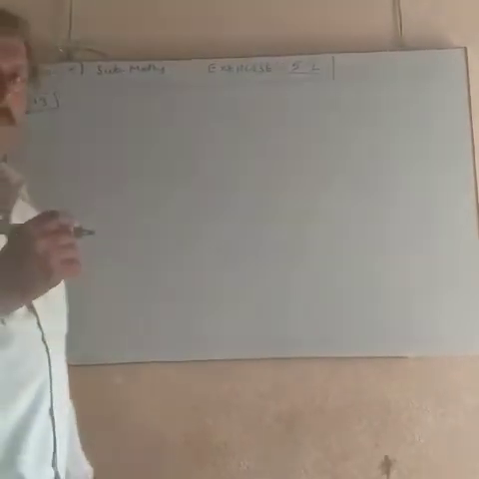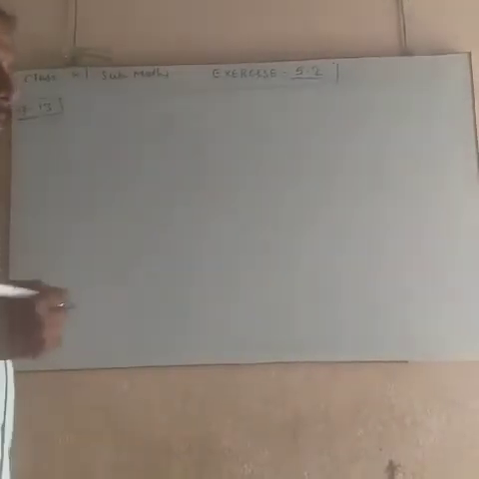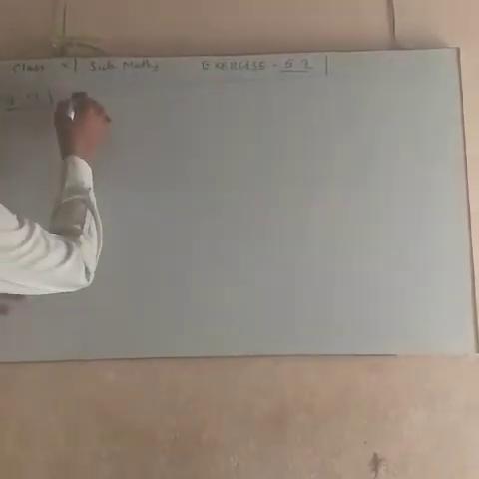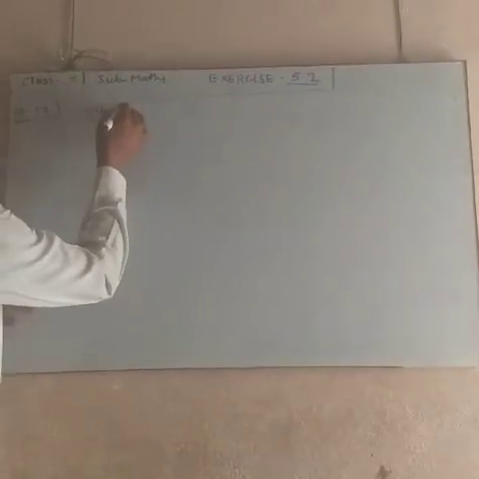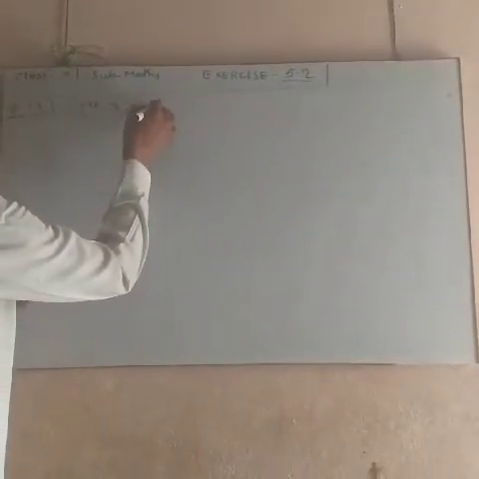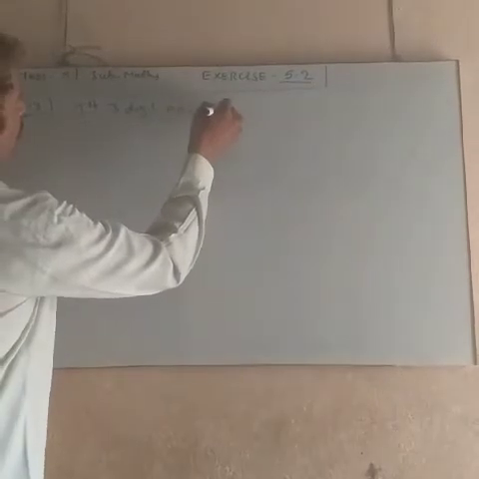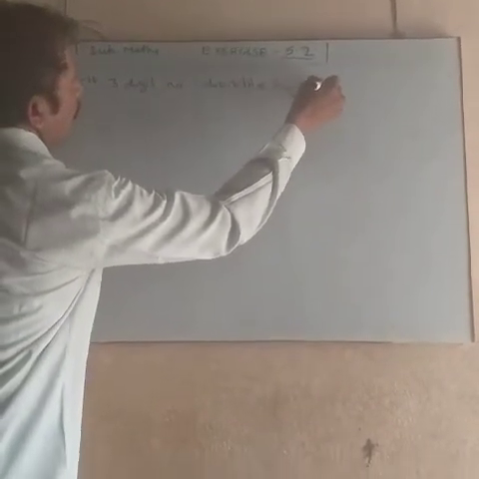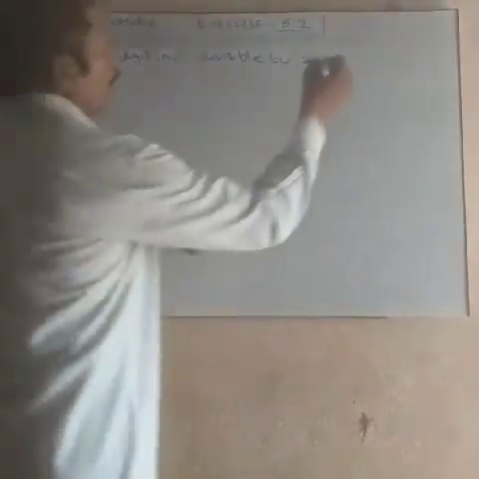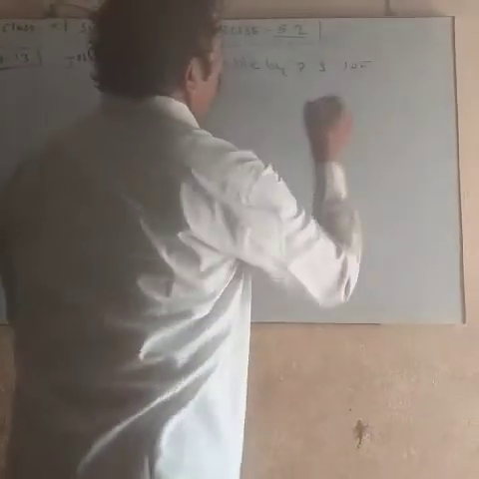Our question is, how many 3-digit numbers are divisible by 7? The first 3-digit number divisible by 7 is 105.